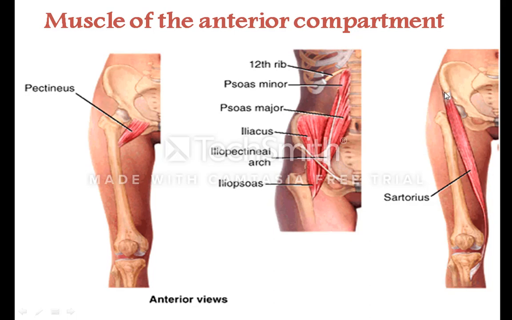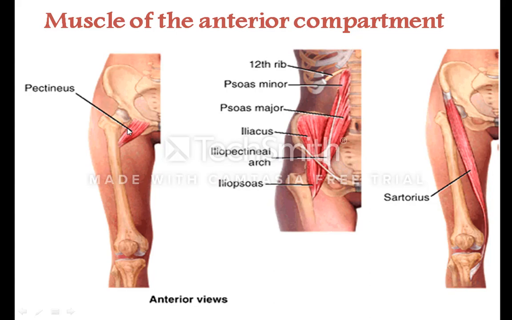Another muscle is the sartorius muscle. It originates from the anterior superior iliac spine and inserts at the medial tibial tuberosity, and it's the longest muscle in the body, acting on the hip and the knee joint.